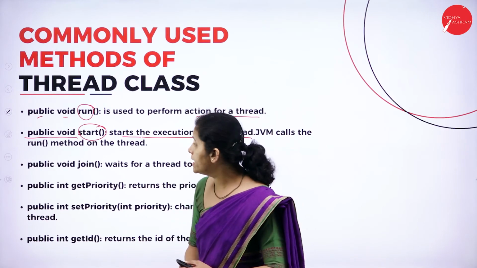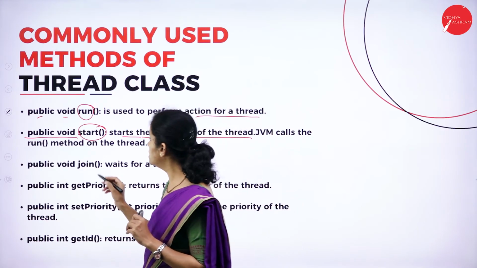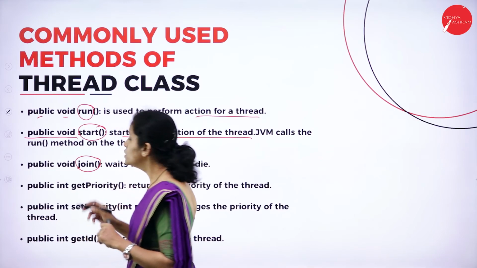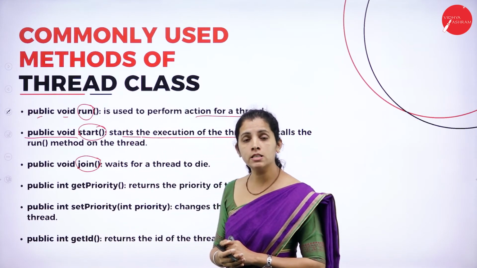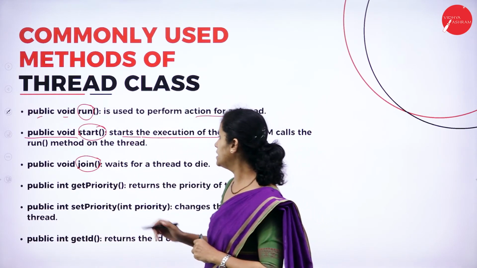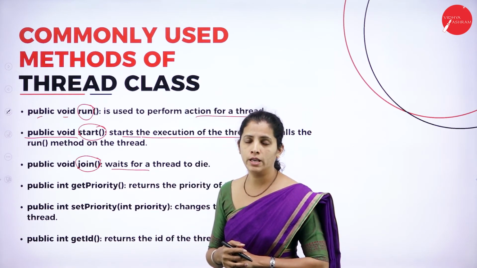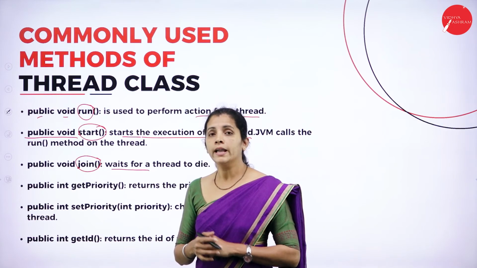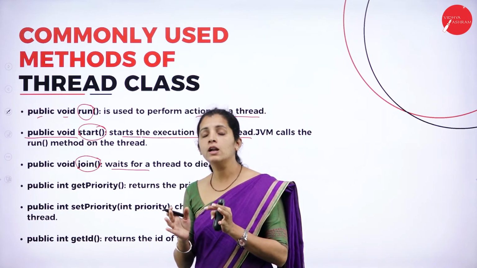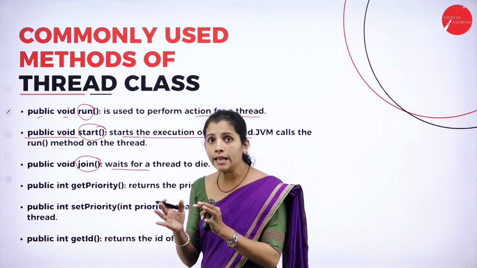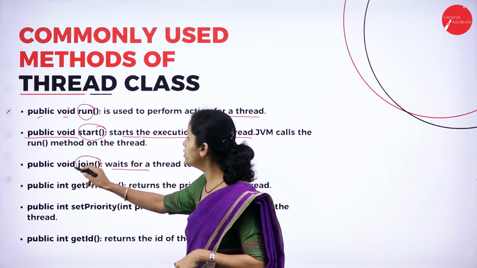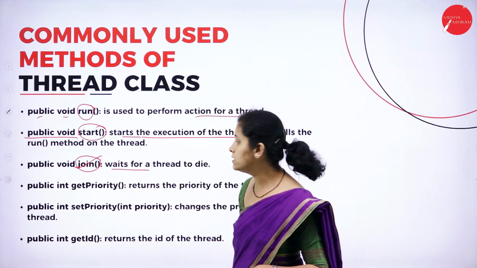So dear student, the next method here is join. What is this join? What's the need of join here? It waits for a thread to die. Suppose a thread wants to wait for another thread to die, in that situation we call the join method.